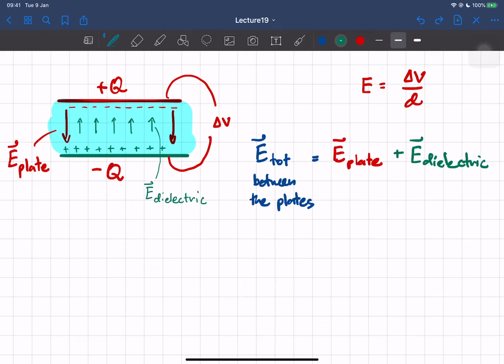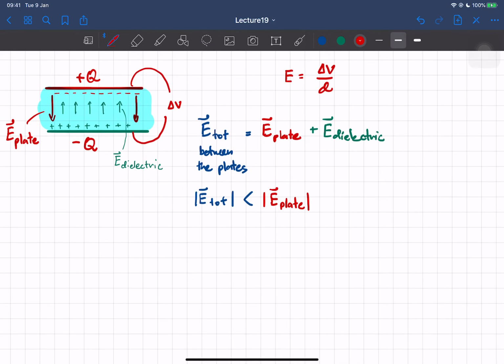Even though you add them, E dielectric points in the opposite direction as E plate. So the net effect is you lower the strength of E total, because they point in opposite directions. So I can write E total, the strength of the electric field, is actually less than the electric field before you put in the dielectric.